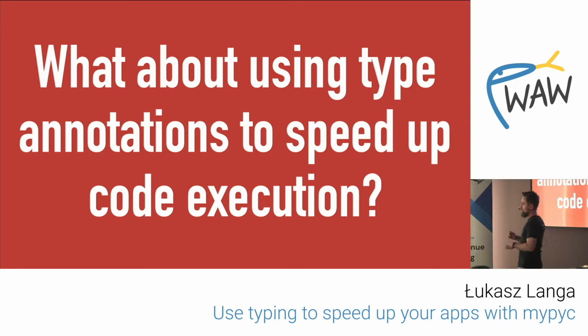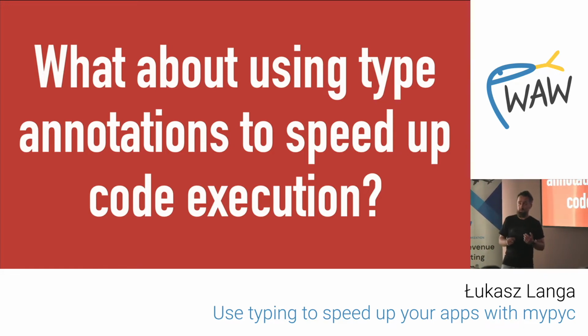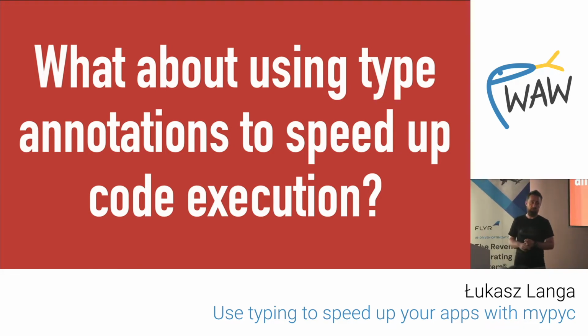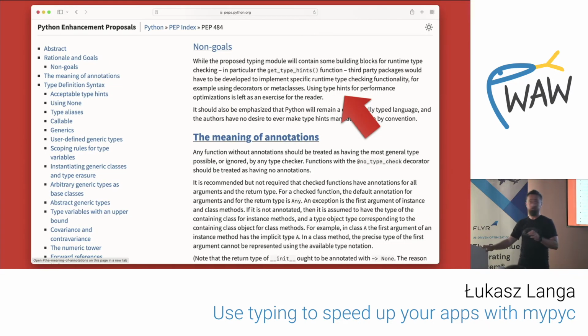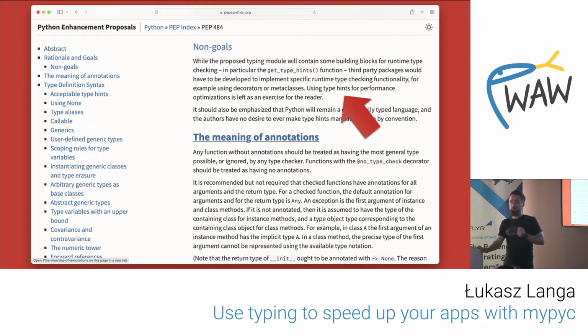He was absolutely not interested in using it at runtime to make things faster, because this is an entirely different problem space and it's not really the same thing, and we were only three people. So he was like, no, let's just write that we will never do it. But I was like, no, even for a PEP, this is too negative. How about we write it like this? So I wrote, using type hints for performance optimizations is left as an exercise for the reader.